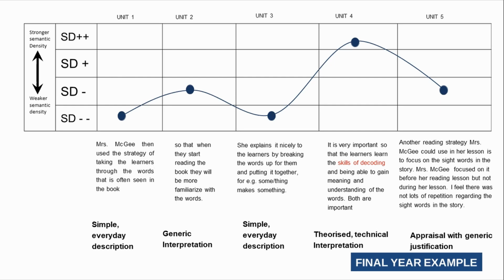Mrs. McGee is using a strategy. She's taking the learners through words that are seen in the book. It's not a specific strategy. It's just like she's doing some stuff. I think that was what we were thinking, as opposed to skills of decoding, which are very much more precise.